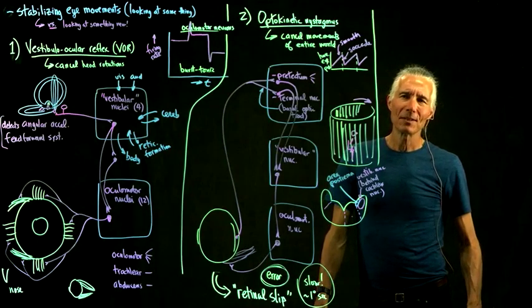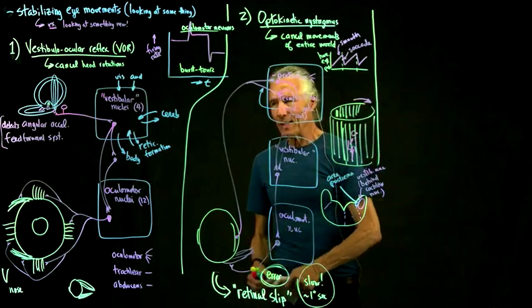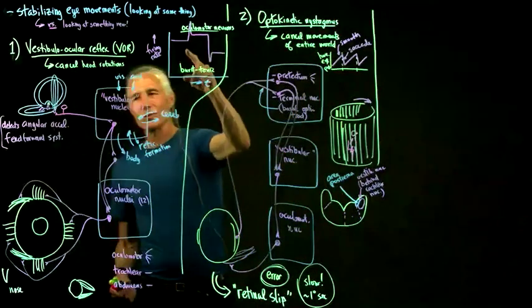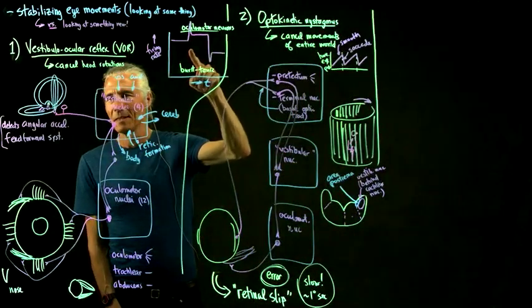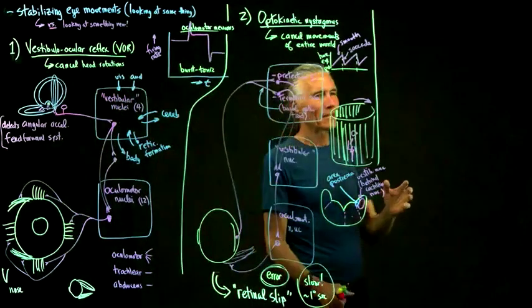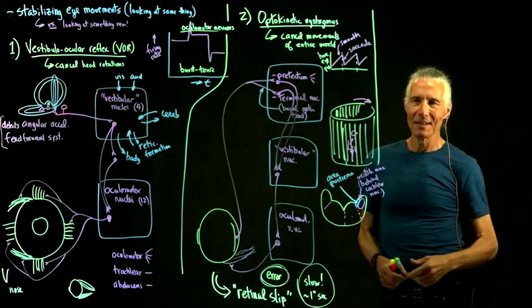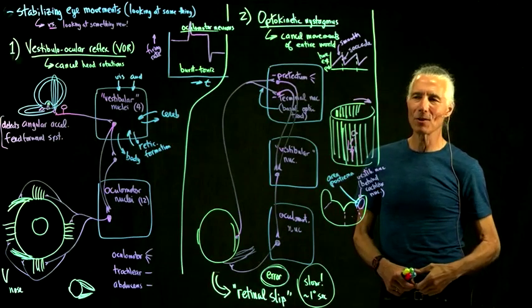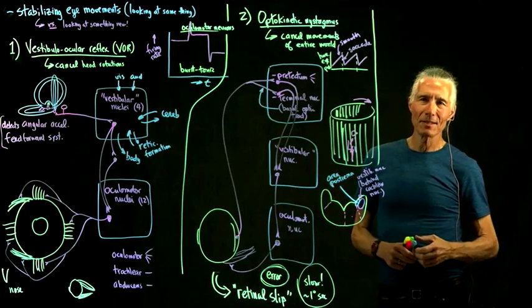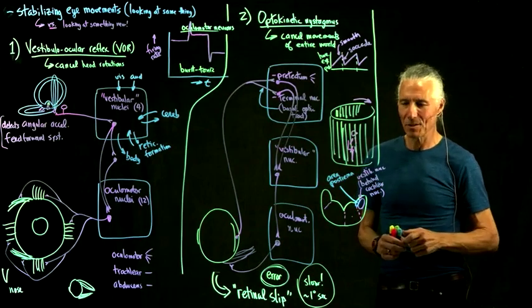What's the story that Marty can tell about that? Like I said at the very beginning, these are super high performance neurons. No nonsense neurons, working day and night, hardworking neurons. They're sending out 100 times more spikes than your average cortical neuron, constantly keeping the eyes and the body and everything straight.